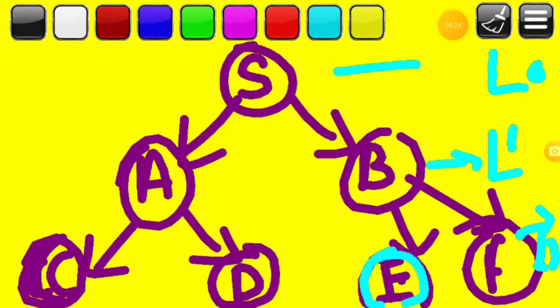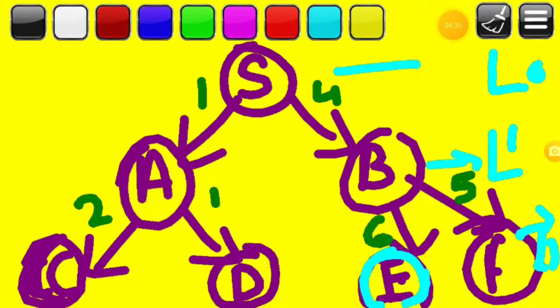Suppose this is our goal node, and we are associating some costs: 1, 2, 4, 1, 5 and 6.